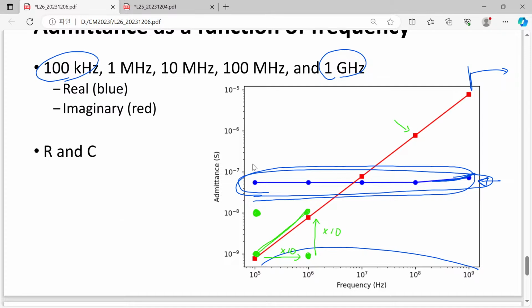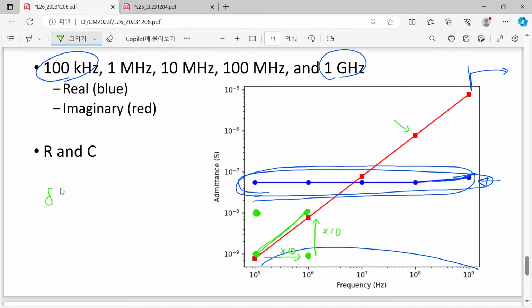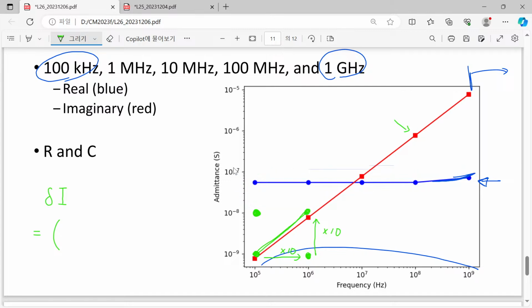So simply speaking, your current, your delta I, can be written as a certain number, let me just try to read it, 10 to the minus 8, 1, 2, 3, 4, 5, roughly 5 times 10 to the minus 8, plus a certain number, and this is really imaginary, and we have something proportional to your frequency.